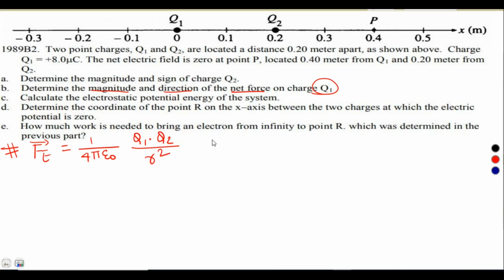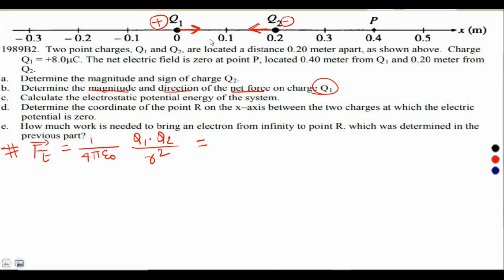Since this is the positive charge and this is the negative charge, the force is attractive, right? Force is attractive in nature. This will be towards each other, right?